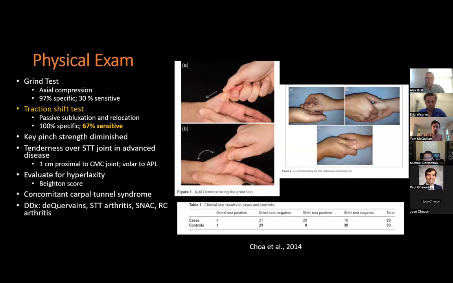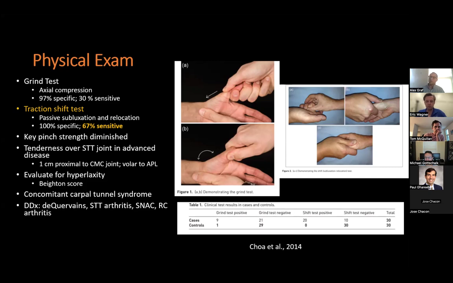Obviously, they're going to have objective decreased hand strength, but I think the key thing is to examine the joints adjacent to the CMC. So the STT joint, as you'll see, a lot of the failures in this surgery, I can cut to the chase here. There's a meta-analysis that says there's 4 or 5 techniques with equivalent outcomes.